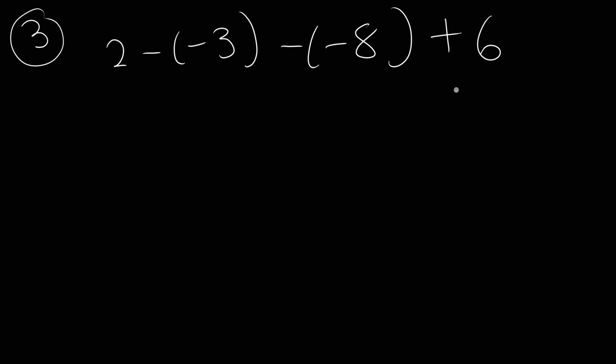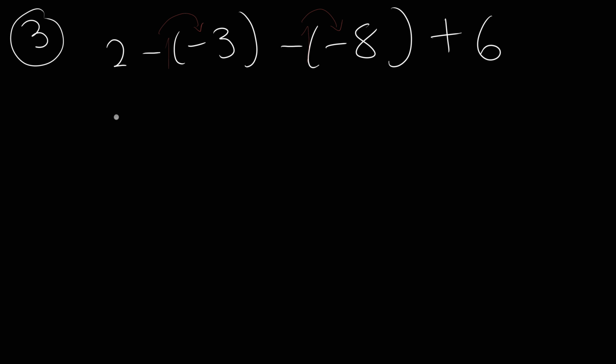Okay, problem number 3. 2 minus -3 minus -8 plus 6. In this particular problem, once again, we have to clear the parentheses. So there's a phantom 1 in here that you have to multiply, another phantom 1 here that you have to multiply in order for you to clear the parentheses.